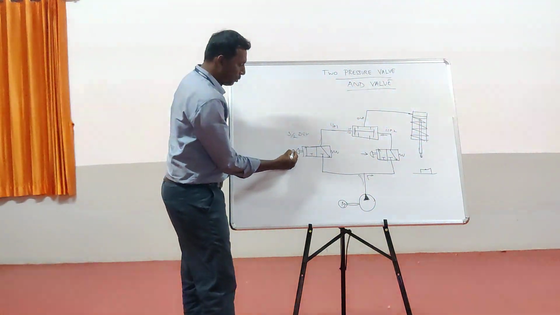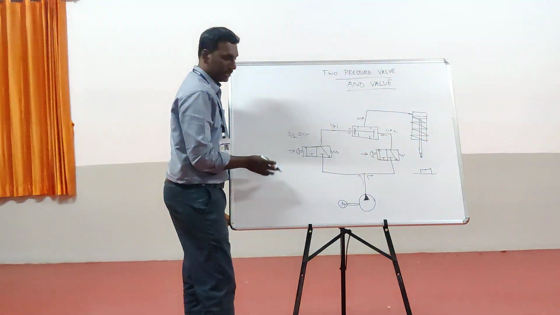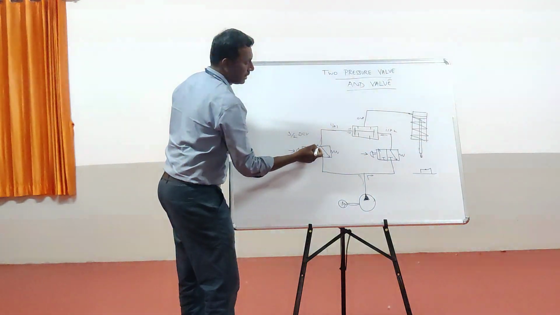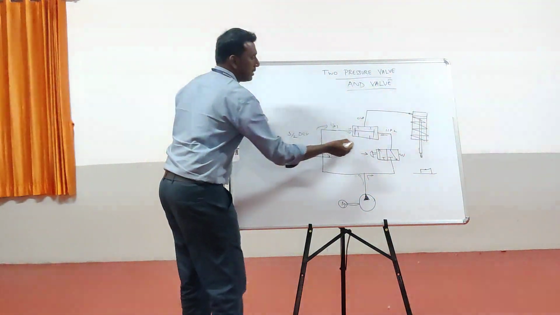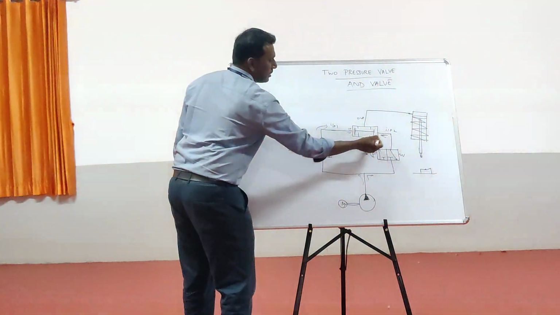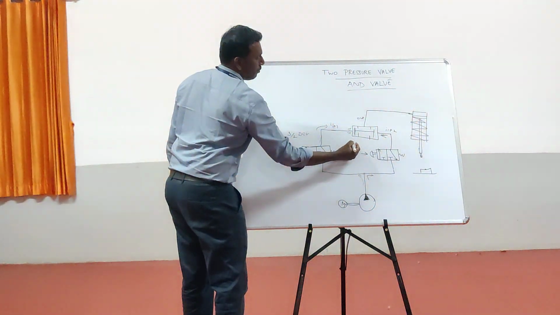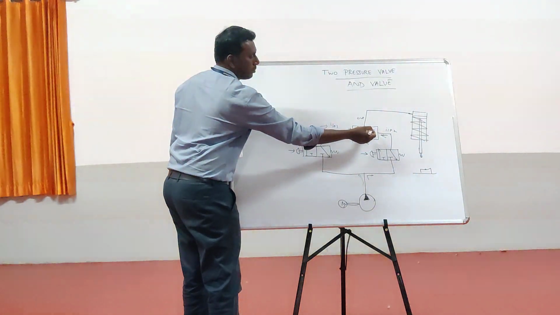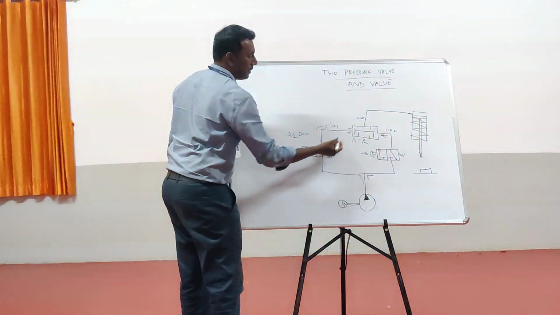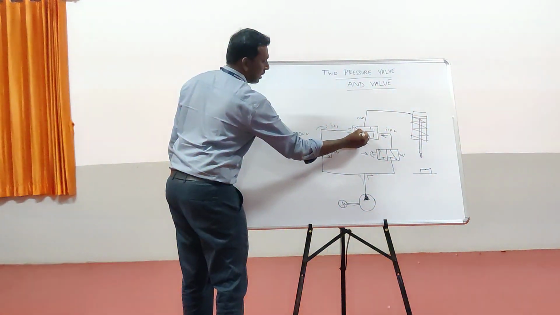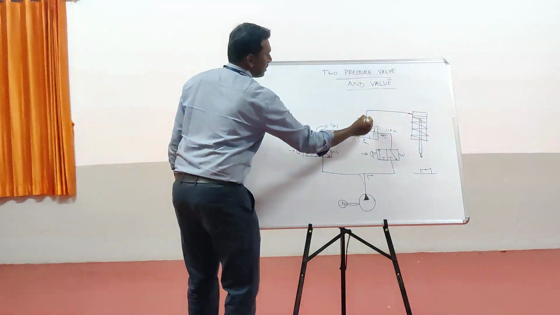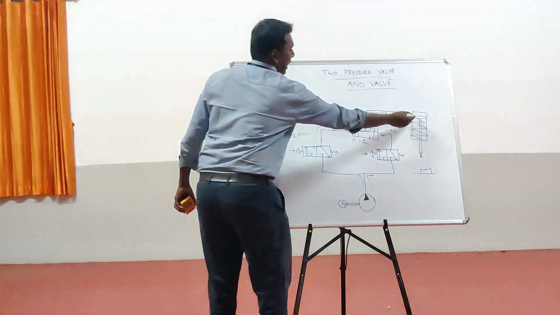If both push buttons are pressed, this push button also pressed, this push button also pressed, here the fluid is going to enter, and here also the fluid is going to enter. If fluid enters from both sides, the pressure will be equal. So the spool will float inside the shuttle valve, and the fluid goes like this and enters the actuator.